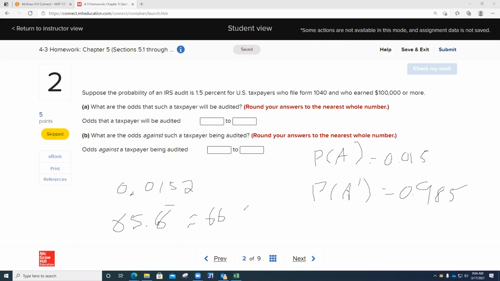So this is 66 to 1 odds against being audited. I like to do it this way; I think the book makes it a little more challenging the way they explain it. I do B first, because A is just the opposite, the inverse. So this is just 1 to 66.